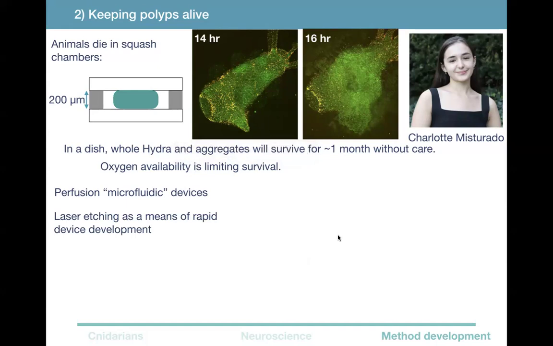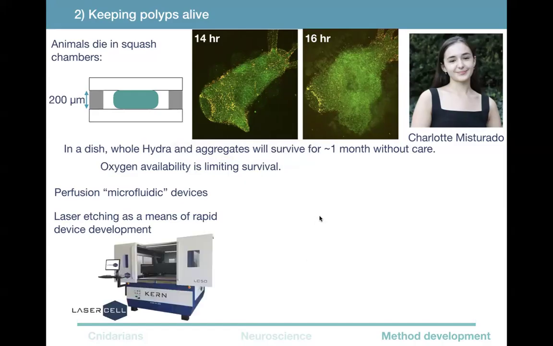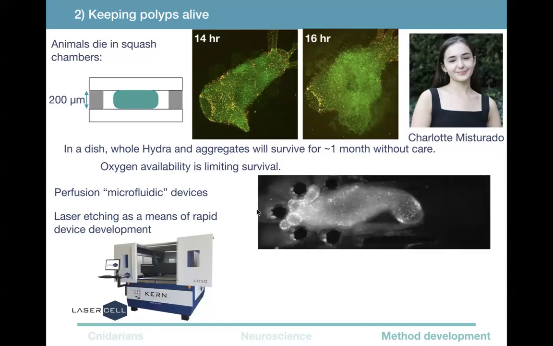We were using laser etching as a means of really rapid device development. I wanted to emphasize here that we're using this very nice laser etcher to go from a drawing to a fully assembled, ready to use microfluidic device in like 20 minutes. So if you're interested in this sort of rapid device development, happy to talk about it. And what we found with these chambers when we finally settled on a design is that you can trap a Hydra like this.